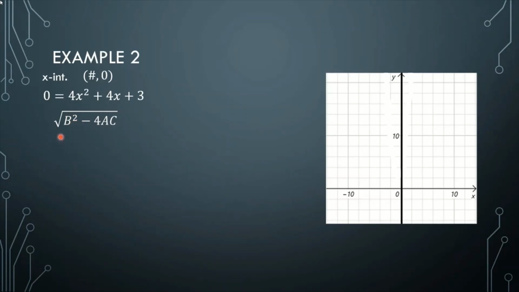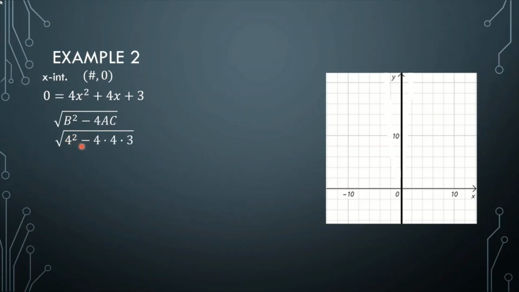So you can have that, and this is part of the quadratic formula, so even if this ends up being a little bit more work, you can always use that as part of the quadratic formula so that you can find the x-intercepts. So we have b squared minus 4ac, so b is 4, a is 4, and c is 3. Let's plug all those in.